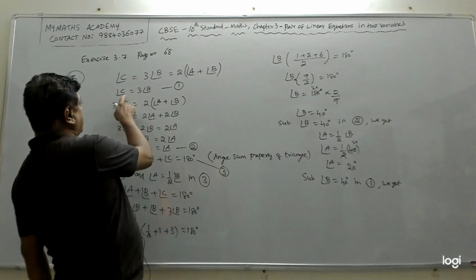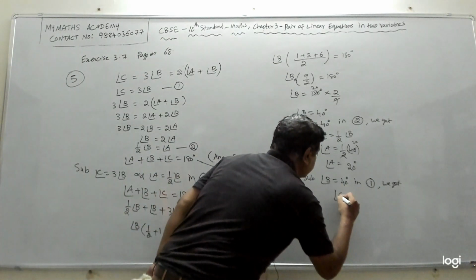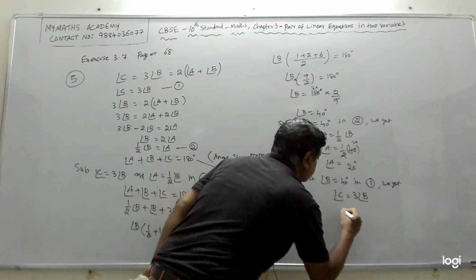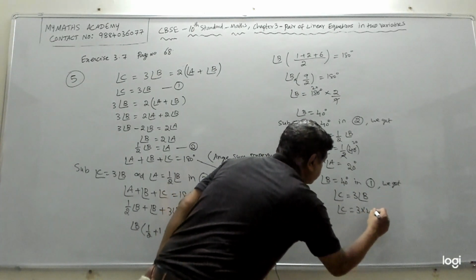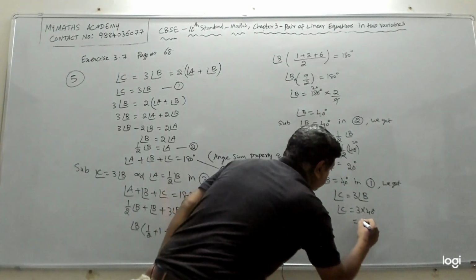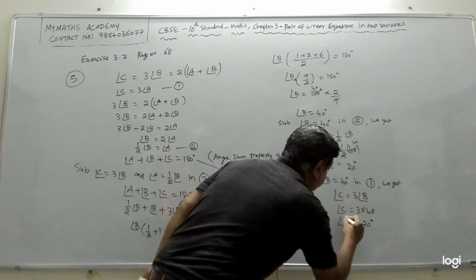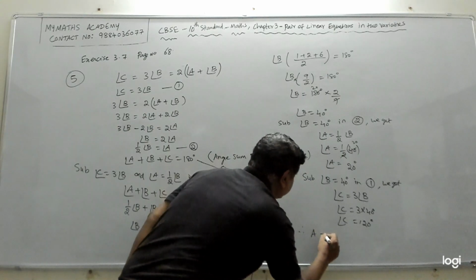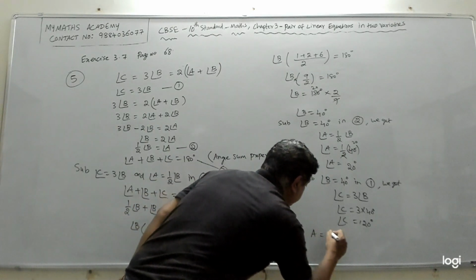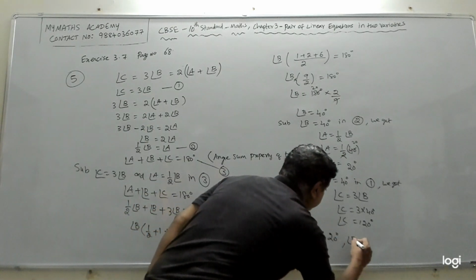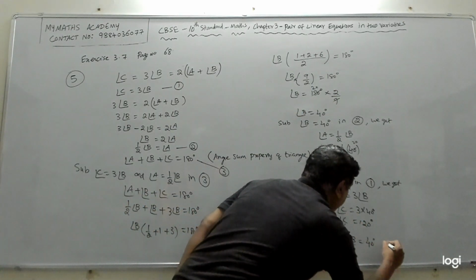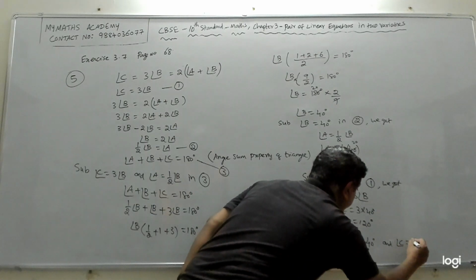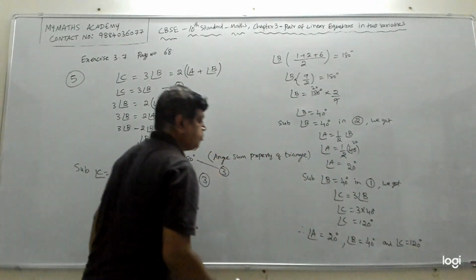Angle C equal to 3 times angle B. So angle C equal to 3 into 40, which is 120 degrees, your angle C. Therefore, our angle A is 20 degrees, angle B is equal to 40 degrees, and angle C equal to 120 degrees.